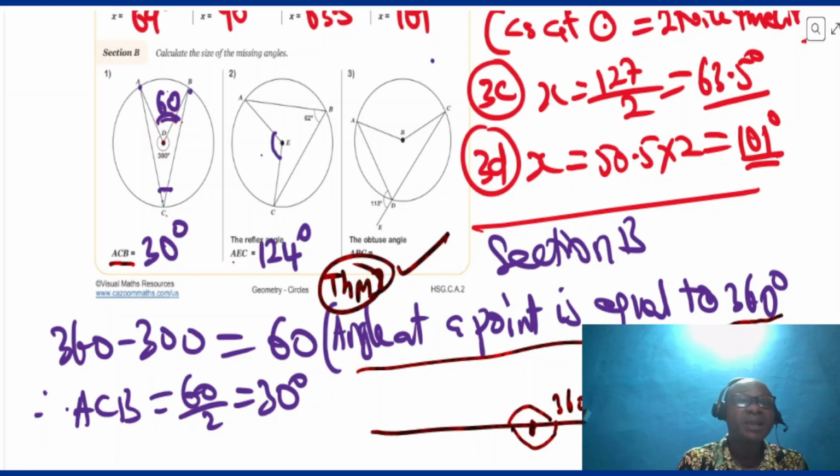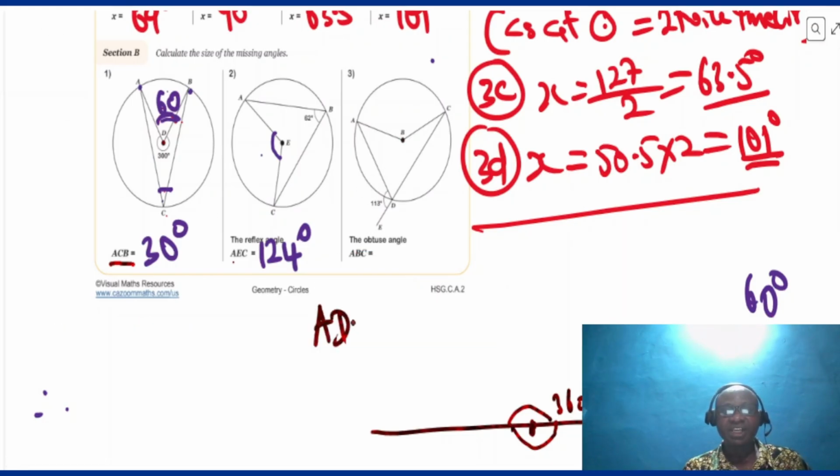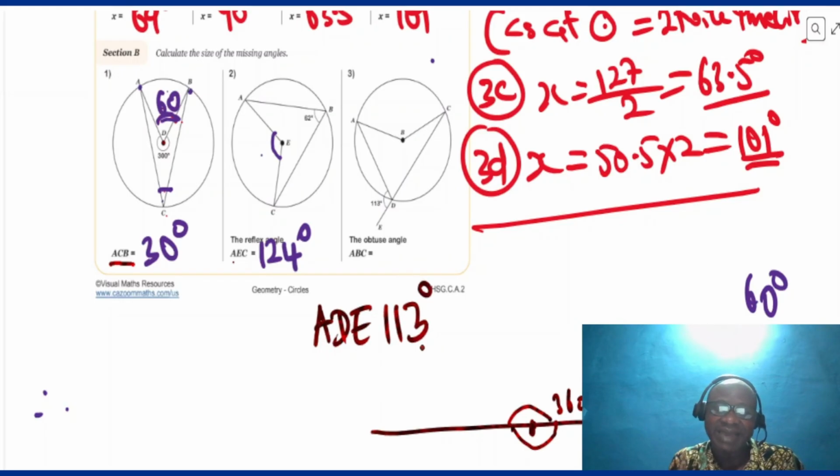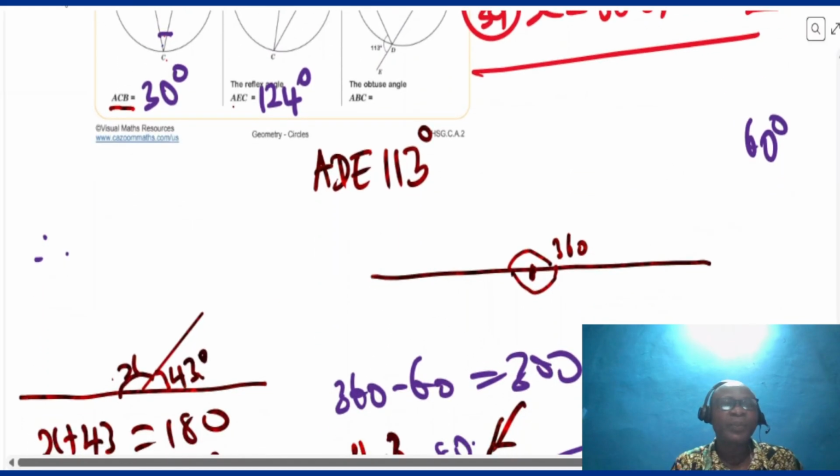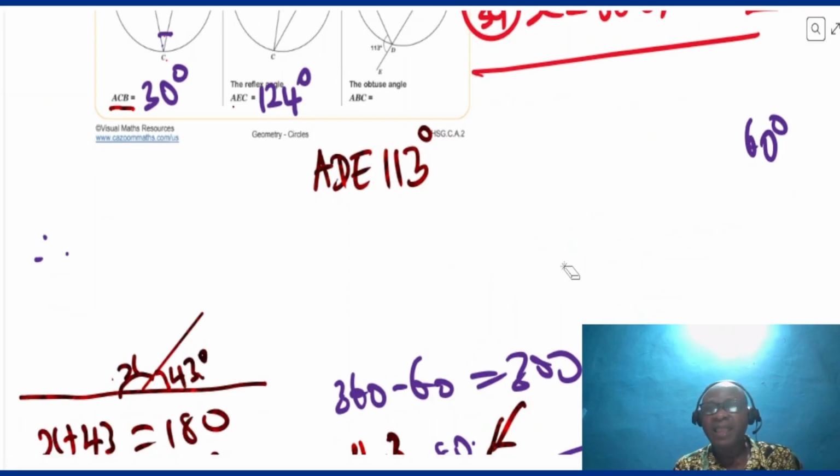Now, watch again in number 3, DE is equal to 113. And I just explained to you now that angle on a straight line is equal to what? 180 degrees. 180.